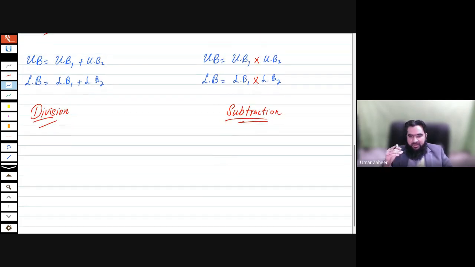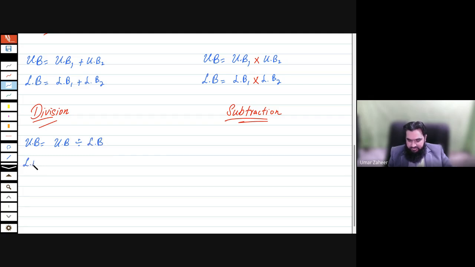If for example you have two quantities and they are dividing, and the examiner says that you need to find the upper bound, first of all you will take the upper bound of the first value divided by the lower bound of the second value.